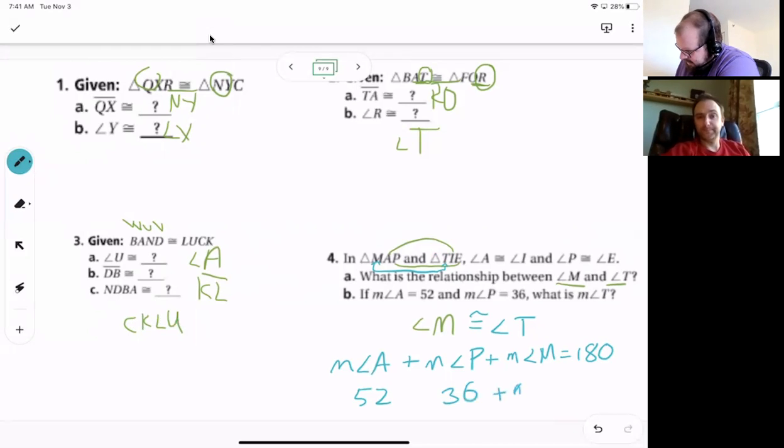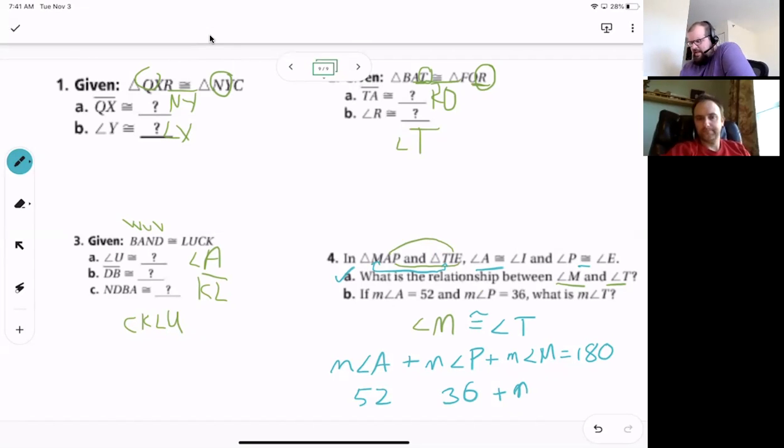What are you doing? So the first thing I did was I matched up the letters that they gave us in the statement. So A goes with I, P goes with E, and since those are congruent, the third angles M and T have to be congruent as well. So that's part A. Part B, it identified angle A and angle P. It's asking us about angle T, which is in a different triangle.